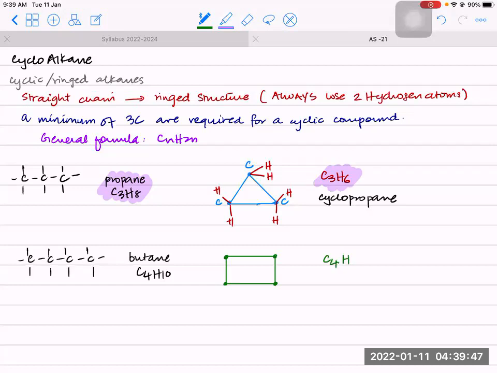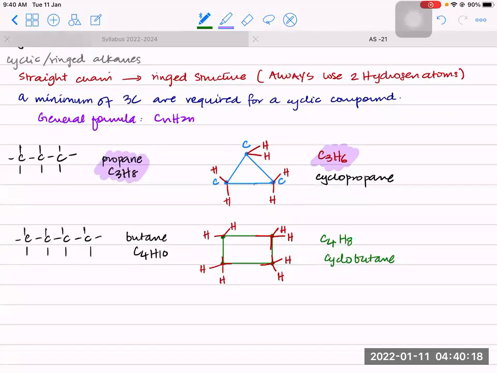Let's count the hydrogens. This carbon is making 2 bonds, so third and fourth would be hydrogen. The same for each of the other carbons. So this is C4H8. And this is cyclobutane. Clear?